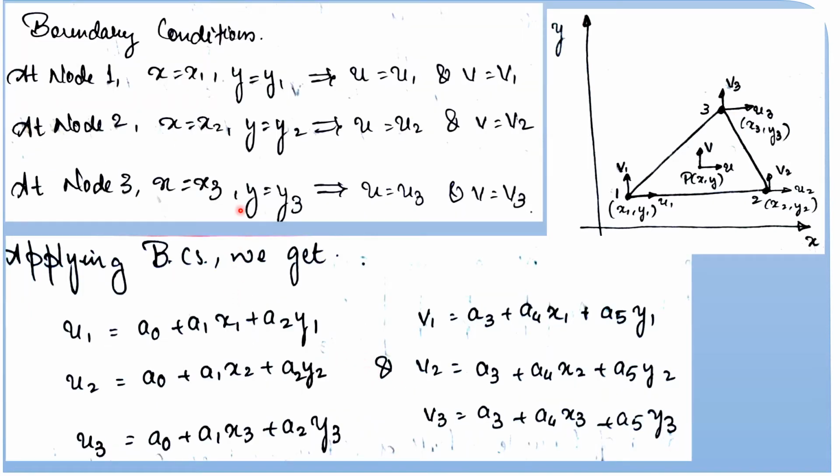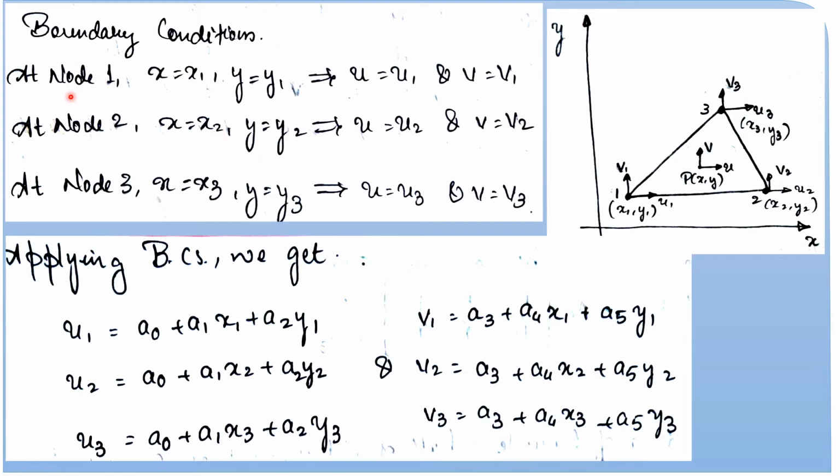Now we'll see what the boundary conditions are, as we have done for the 1D simplex element. In order to find the generalized coordinates, that is a0 and a1 for the 1D simplex element, in the same way, to find the generalized coordinates a0, a1, a2, a3, a4 and a5, we have to use the boundary conditions.